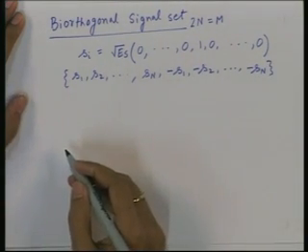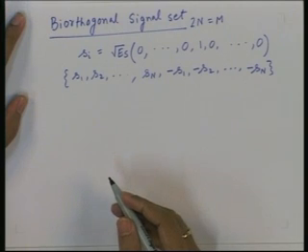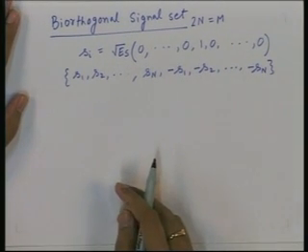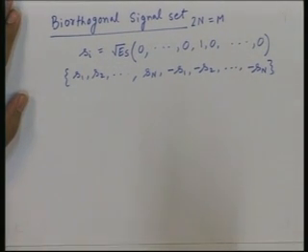And how do we detect? We know that the ML detection can be done by seeing the distance of the received vector from all the points. But when we look at the condition carefully for a biorthogonal signal set, we will see that a simple rule comes out.